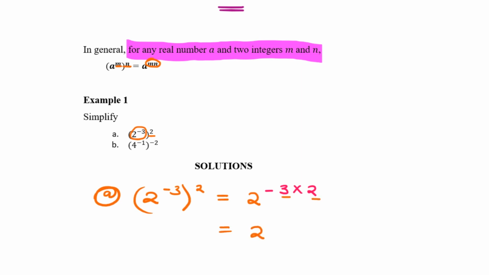Negative 3 times 2 will give us negative 6, and we don't leave an index as a negative, so we write it as a positive index.